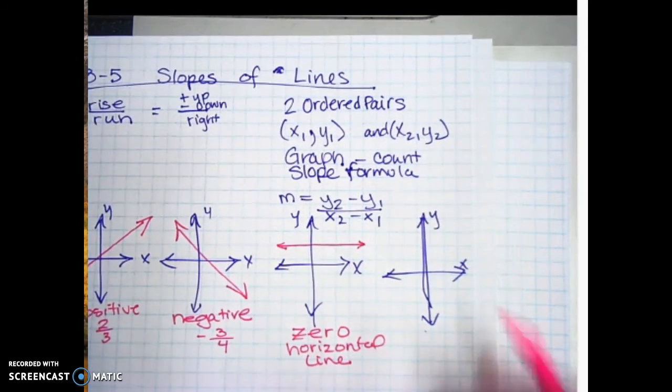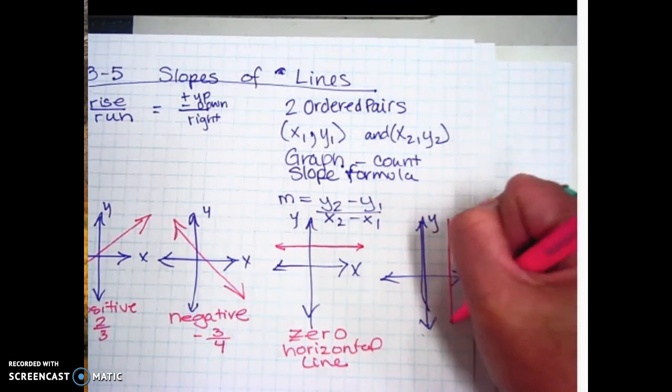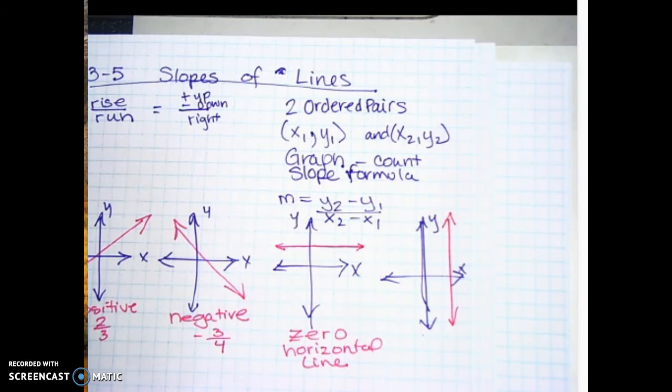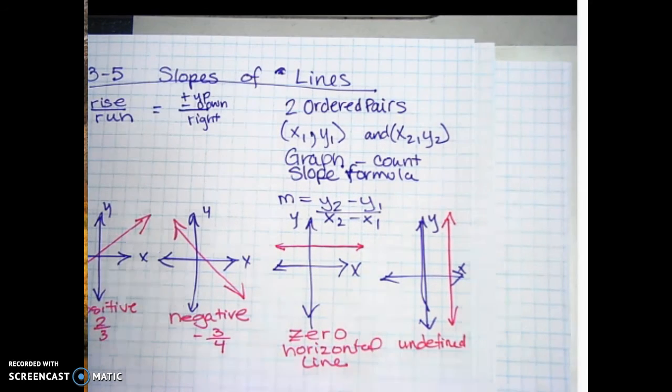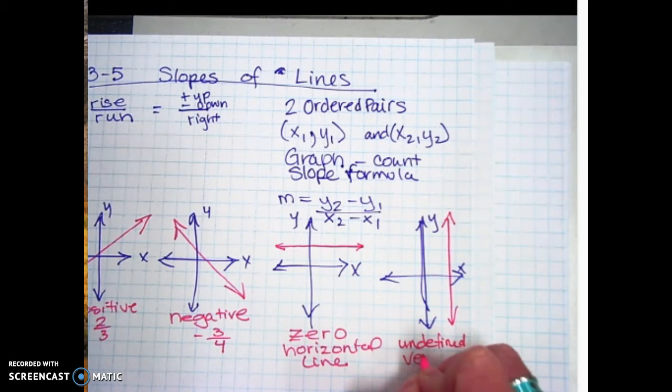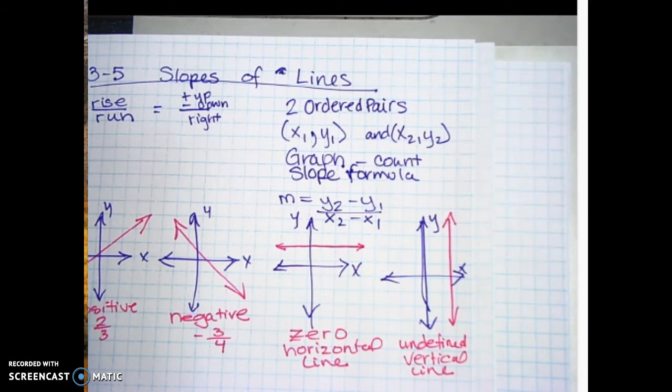The 4th one is even stranger. It's what we call undefined slope. And it is completely a vertical line. That's when you have a 0 in the denominator.